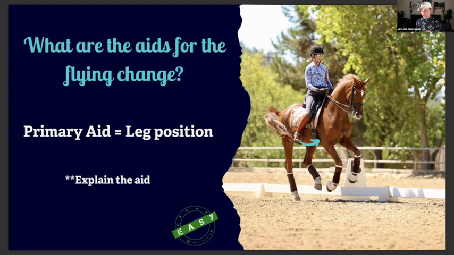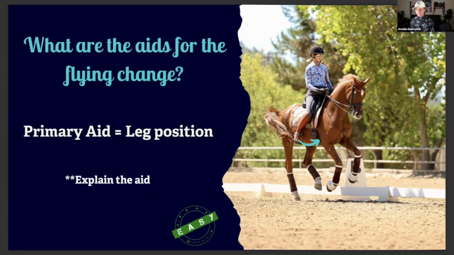Because the left front and the left hind are coming forward first. Part of why I got confused is because he's in counter canter. So he's actually in counter canter on the rail, and my right leg is back. So my right leg is behind the girth, indicating for the left lead canter.